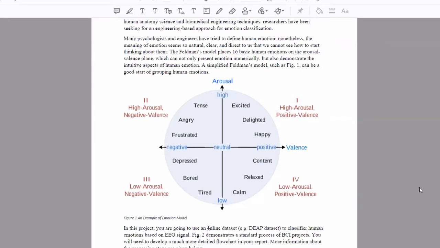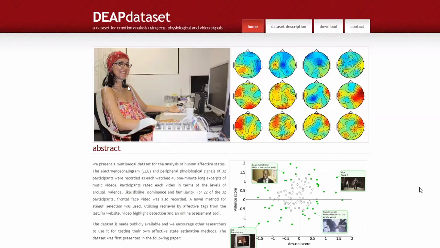The database that we gave you, and we recommend you to use, is the DEAP dataset. This website is called the DEAP dataset. It collects EEG signals and asks the participants to rate their emotions.